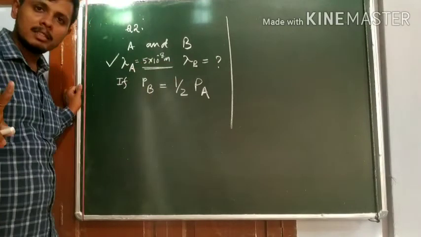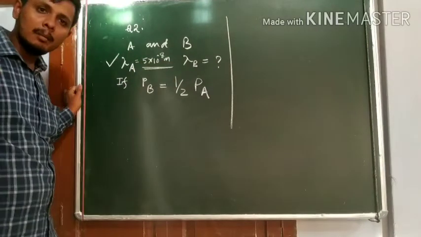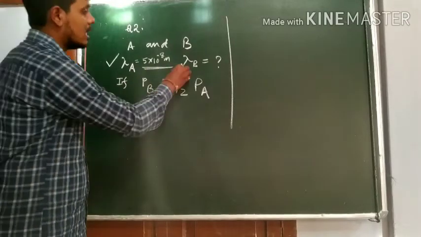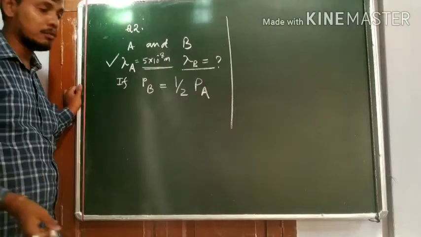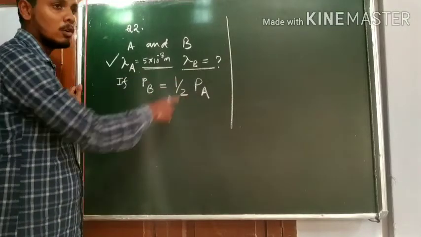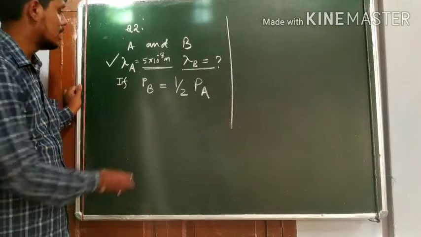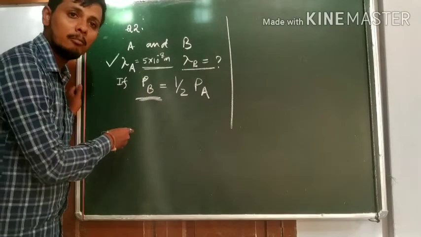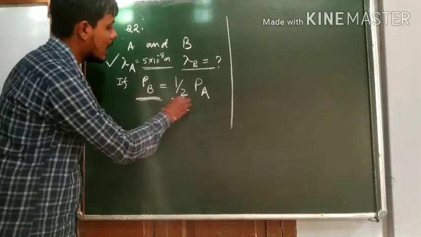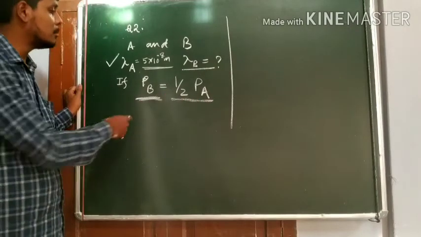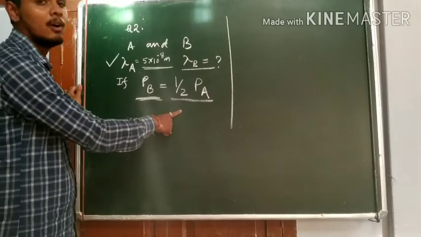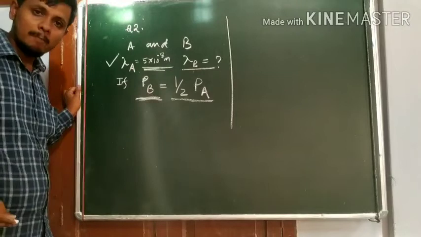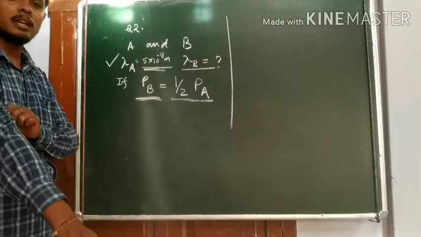So two particles are given, A and B. The wavelength of one particular particle is 5 into 10 to the power minus 8 meter, and we have to find the wavelength of the second particle, if the momentum of B, PB, is half the momentum of A. If the momentum of B is half of A's momentum, then what will be the wavelength of B, given the wavelength of A. This question was in JEE Main 2013.